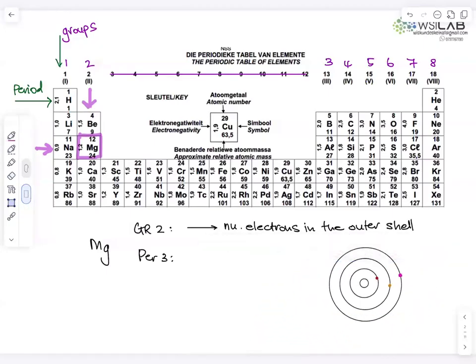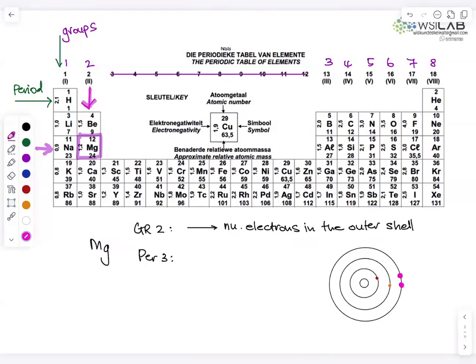Yeah. Okay. So the group number will tell you how many planets are in that orbit. So in this case, group 2 refers to the number of electrons. So in this case, there will be 2. Every element in group 2 will have 2 electrons in the outer shell.